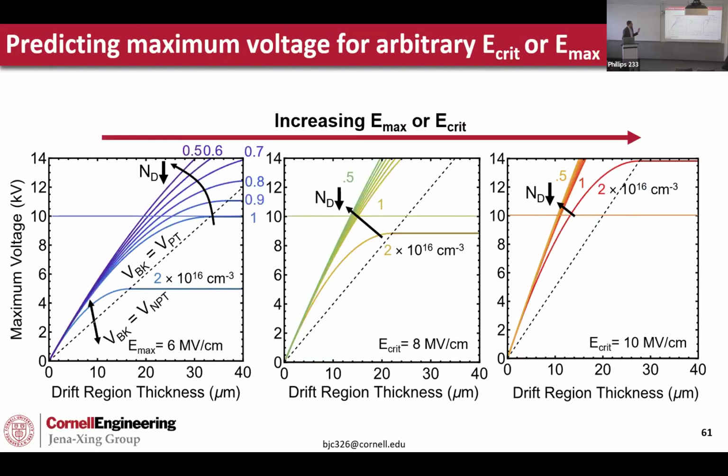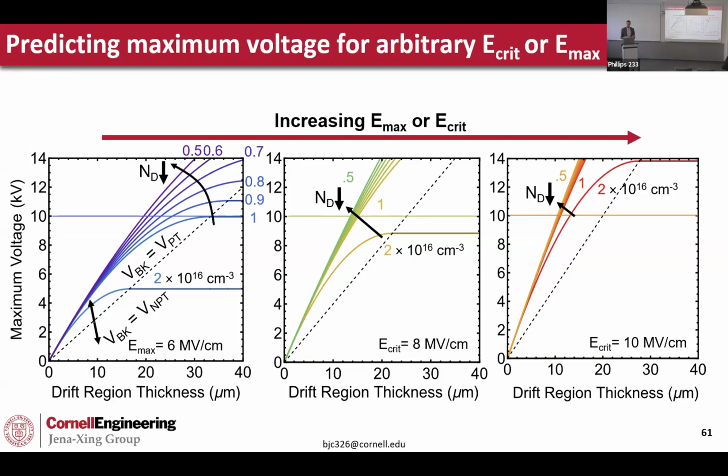Moving right along, for these plots thus far, I've assumed an Emax of 6 megavolts per centimeter. As I showed in the E crit versus EG plot, there's a few materials, especially on the cutting edge of sciences, where we haven't observed impact ionization yet, or it's not been corroborated by multiple studies. So I'm going to presume that it's 8 plus or minus 2 megavolts per centimeter.